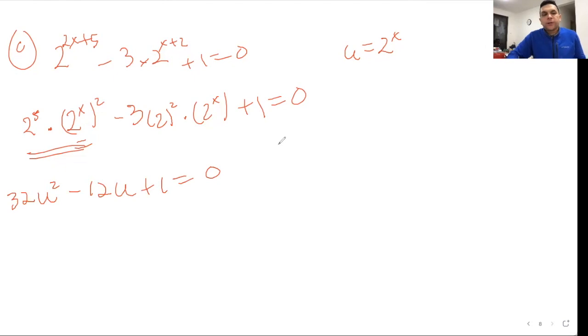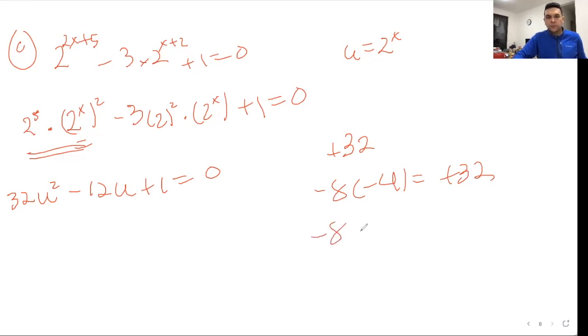I'm going to use the quadratic equation for this one. But you know what? Let me try to factorize it. So this is 32. I need two factors of 32 that will give me negative 12 when I add them up. Negative 8 times negative 4 equals positive 32. Negative 8 minus 4 equals negative 12, right?